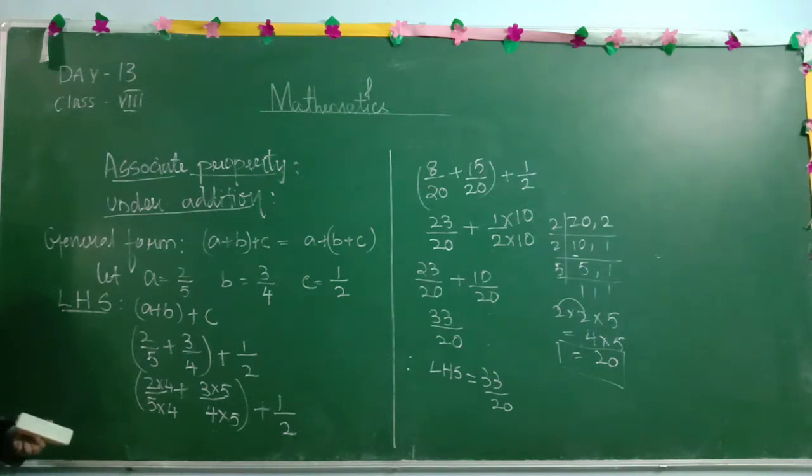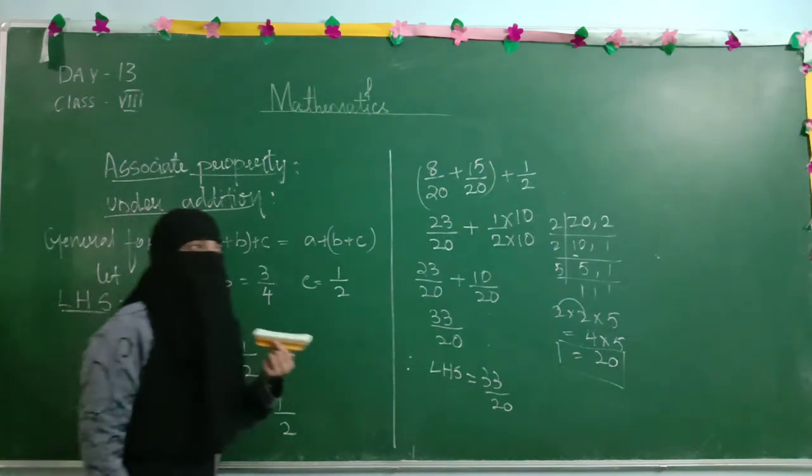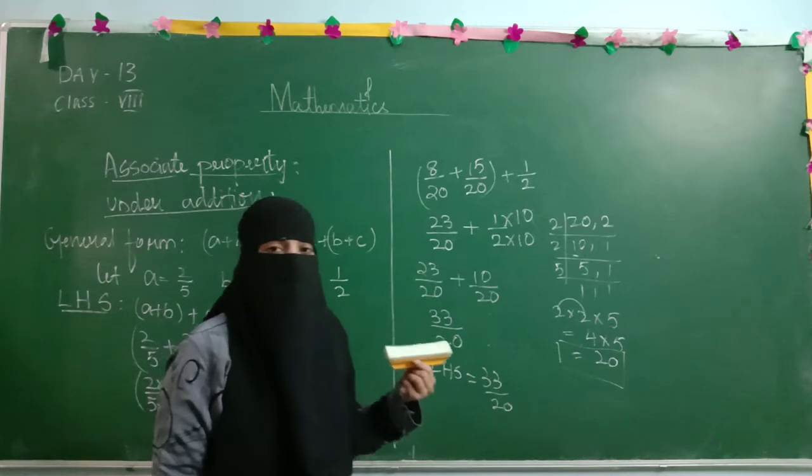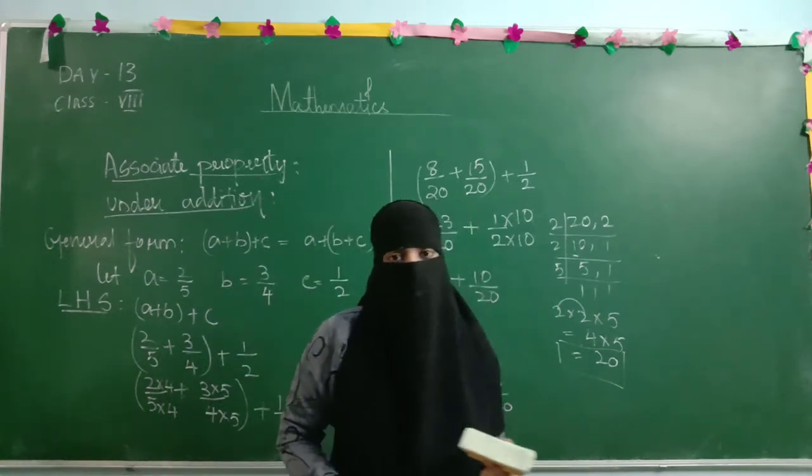Already we have completed the closure property for all the basic operations, and the commutative property also for all the operations. In the commutative property we found that rational numbers are commutative under addition and multiplication, but the commutative property is not satisfied by rational numbers under division and subtraction.